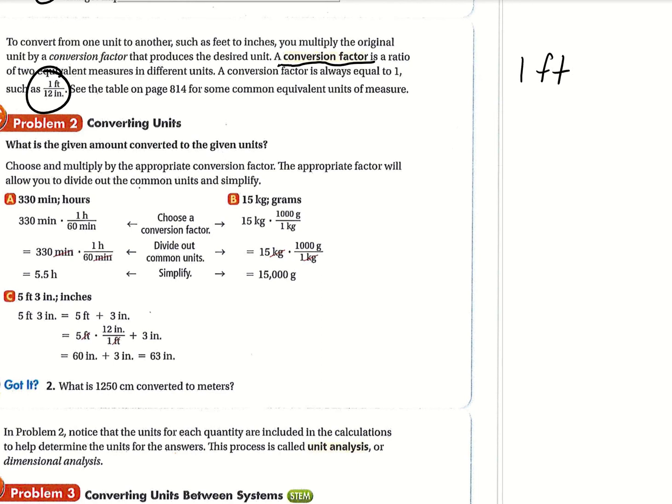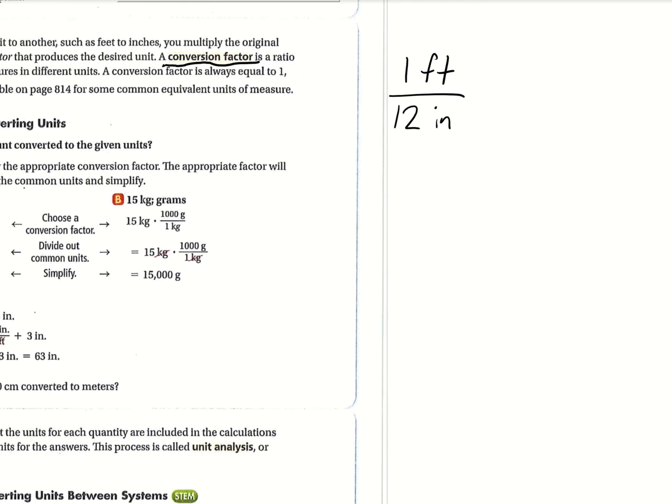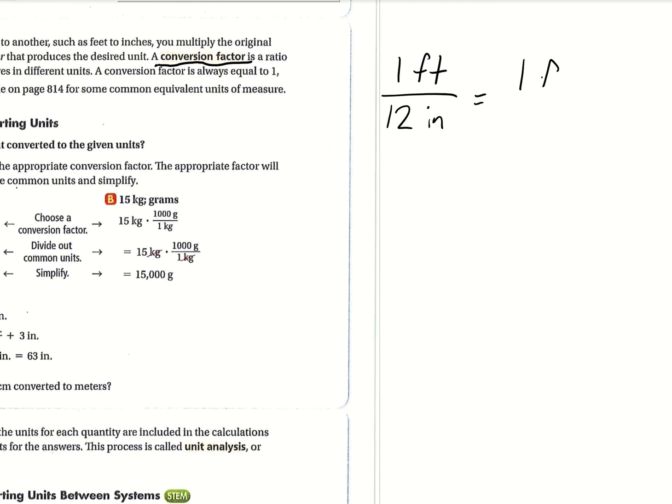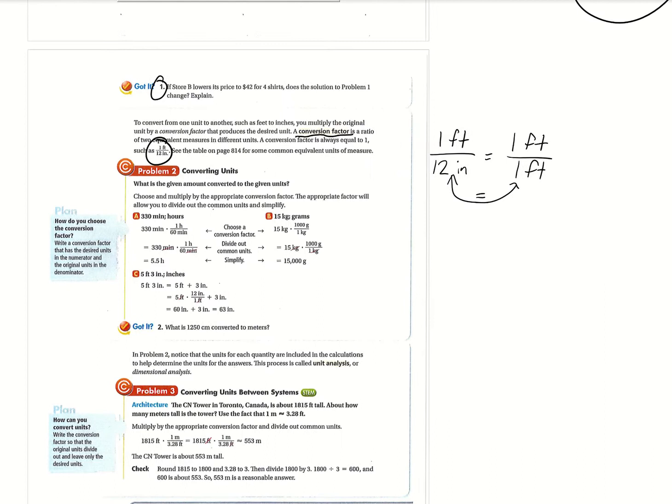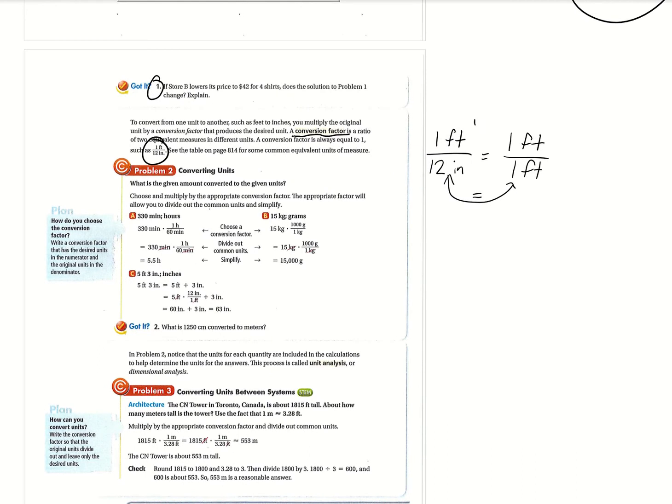All right, so this is the exact same thing, right, as if you did 1 foot over 1 foot, because these two are equal. All right, so when it says conversion factor, it's talking about that.